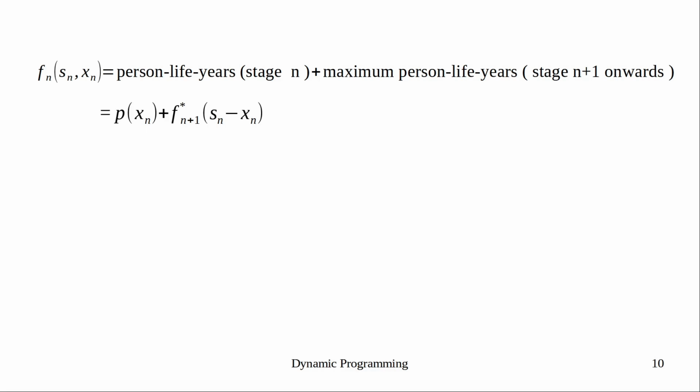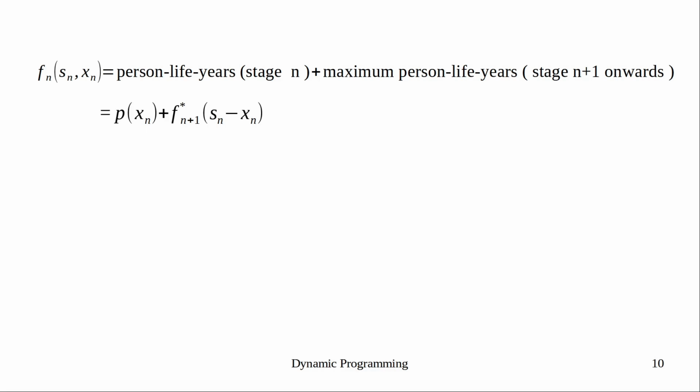That value is going to go into the function F(n+1)*, which is the optimized value of the same kind of function from stage 2 onwards. Let us say when we go from country number 2 to country number 3, what is going to be the maximum person life years you are going to have, because the leftover teams have been given to country number 3.